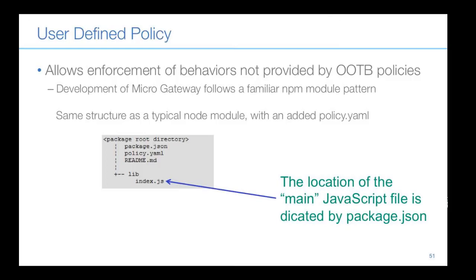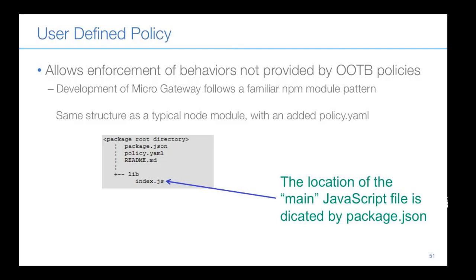So we don't put any limitations on ECMAScript 5 specifically. We don't even know what you have in your policy, basically. But you're allowed to do JavaScript code, and we give you the hooks into API management that you need to be able to pass properties and whatnot dynamically to your policy, just like you would with a DataPower policy.